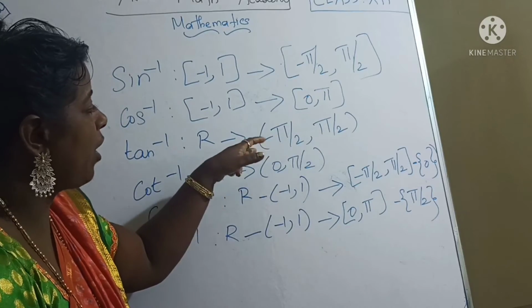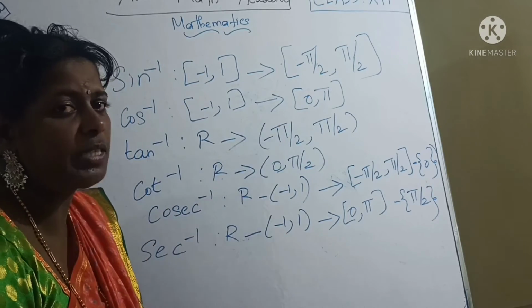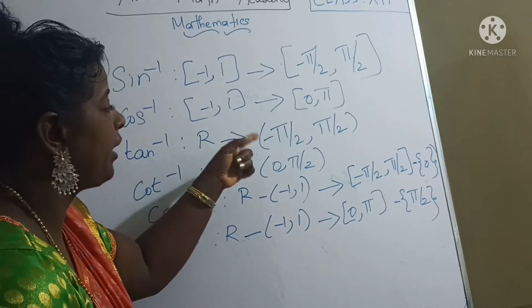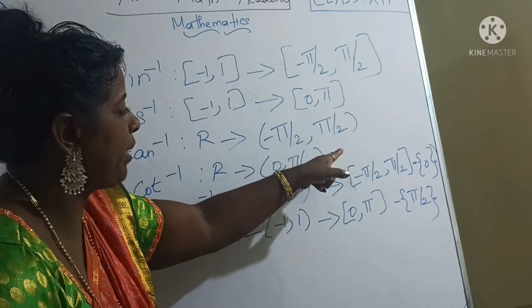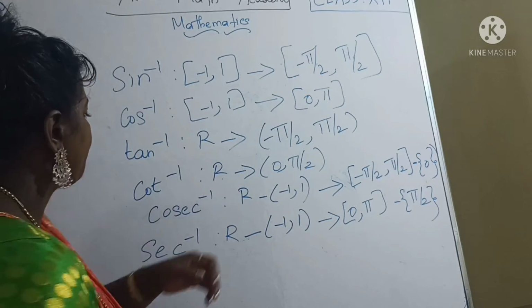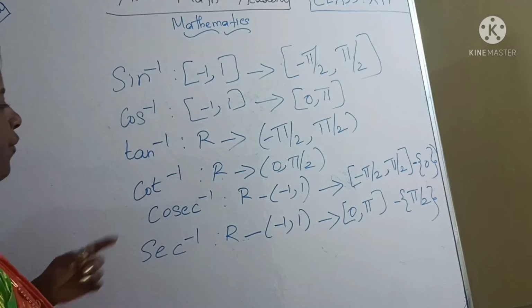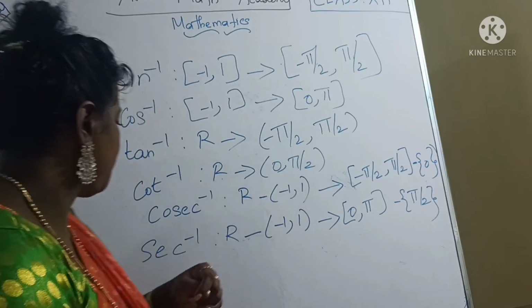Why? We are not including pi by 2 and minus pi by 2 because tan pi by 2 is not defined. This open interval minus pi by 2 to pi by 2 means pi by 2 will not come.